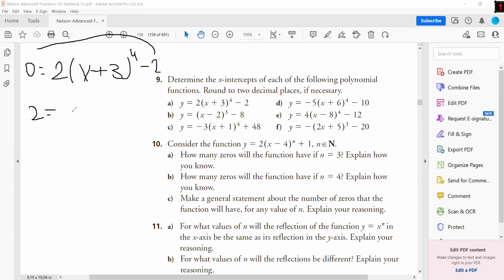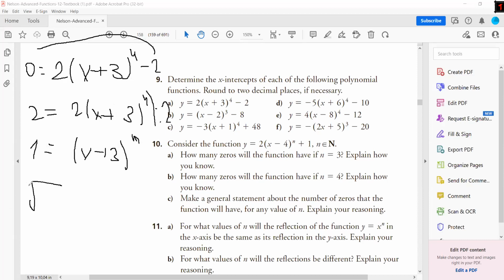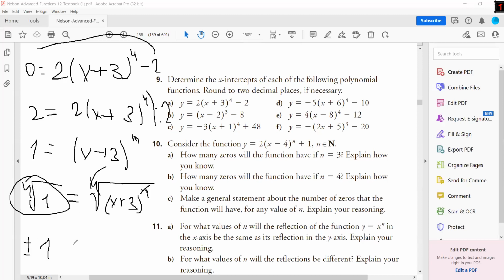So we're going to have 2 equals 2 times (x plus 3) to the 4th power. Now we divide the left and right-hand sides by 2. So we get 1 equals (x plus 3) to the 4th power. Now we take the 4th root of 1 as well as of (x plus 3) to the 4th power. Here the 4th power is simply canceled, and here we're getting two answers, plus minus 1.